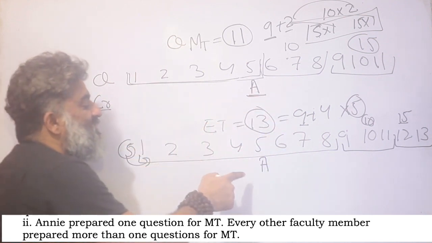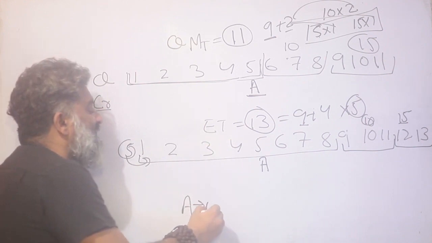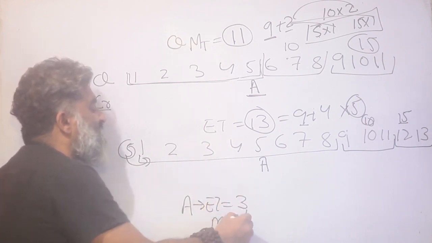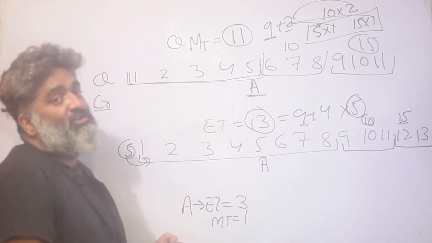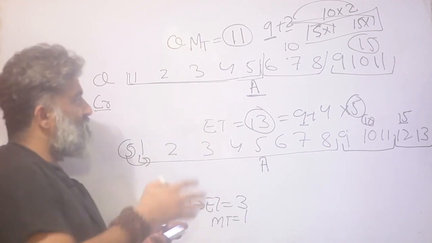The rest of the 3 questions are going to be in ET. So Annie in ET has created 3 questions. In MT, she has only created a single question. It is also given to me that every other character has created more than a single question for the MT story.